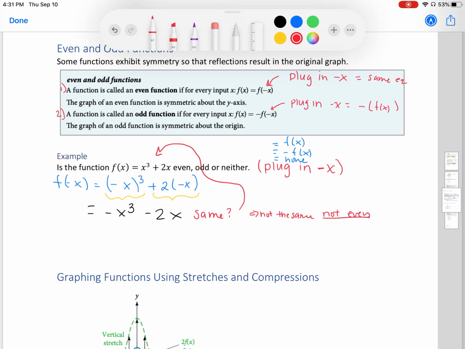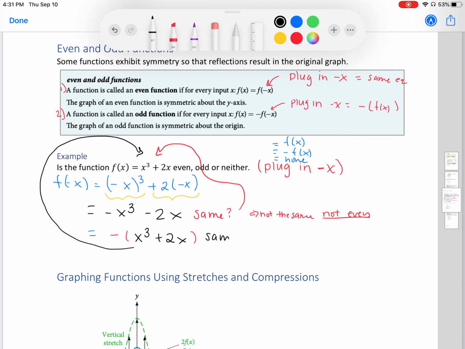Okay, let's factor out a negative. Let's divide everything by negative, so that I have negative, and inside I'll have x cubed plus 2x. Now, do we have the same thing but with a negative in front of it? Yeah, we do.